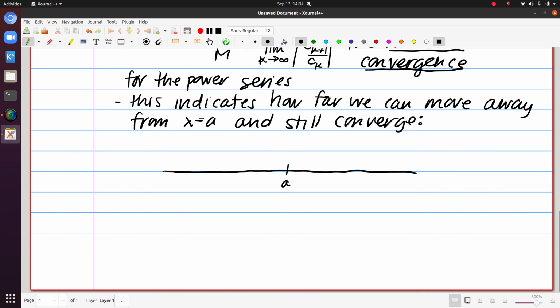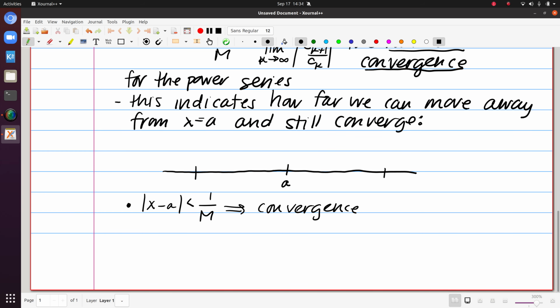From the ratio test, we know that if I have the absolute value of x minus a less than 1 over M, this means that we have convergence of the series. So that would talk about going out this distance.